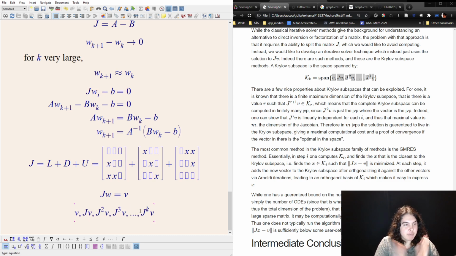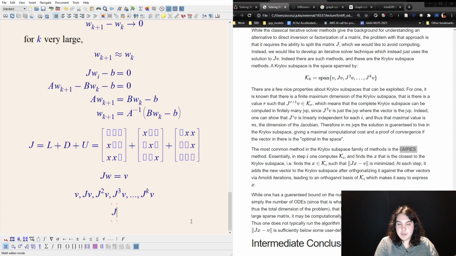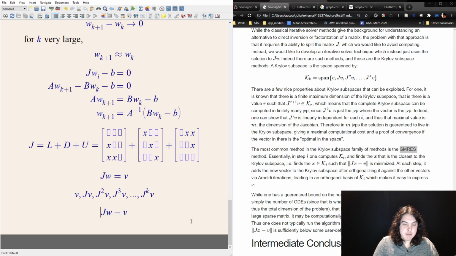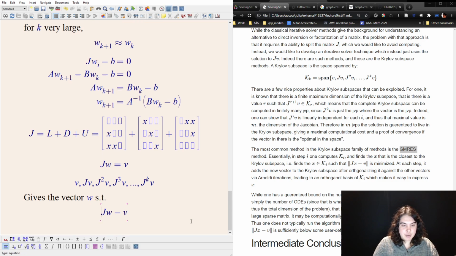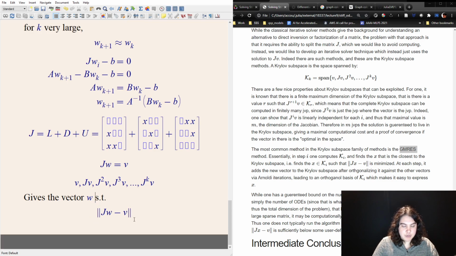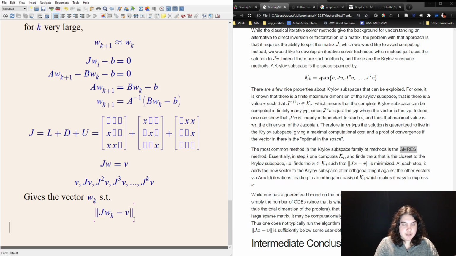It turns out that if we have these vectors, there is a method called GMRES, which gives you the vector w_k such that the norm of Jw minus v is minimized.